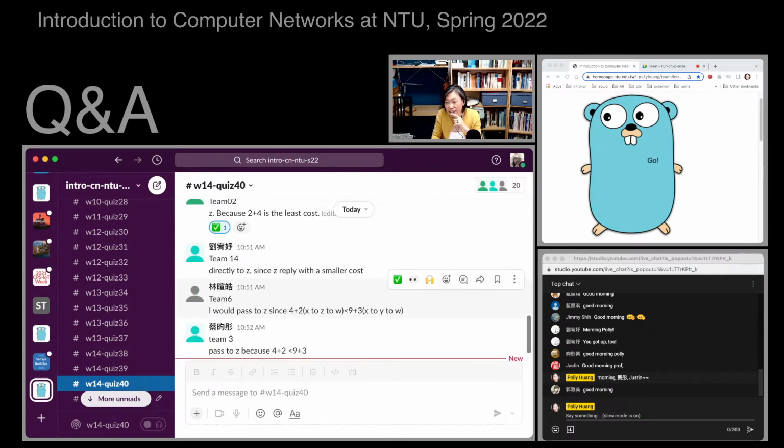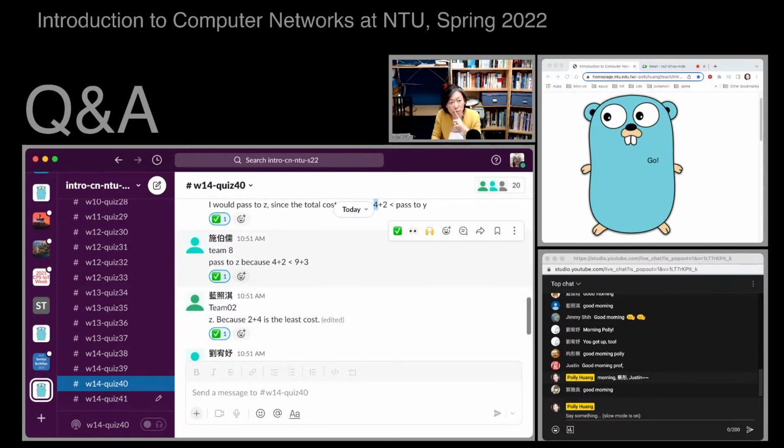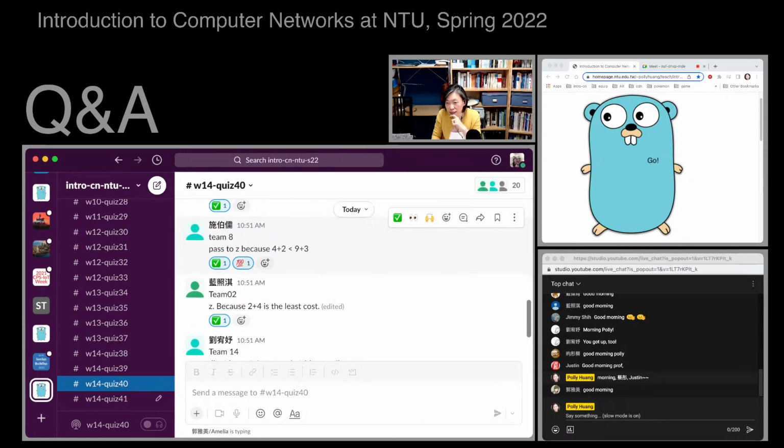Yeah. So I see here, actually somewhere earlier, I think Boru here is the first one demonstrating that you get it. We don't know the link between Y and Z, and you make the decision only comparing X, Z, W, the cost, versus X, Y, W, the cost. Perfect. Okay.